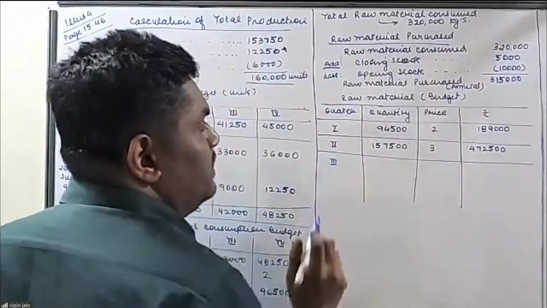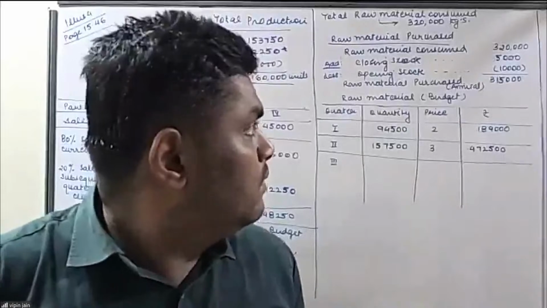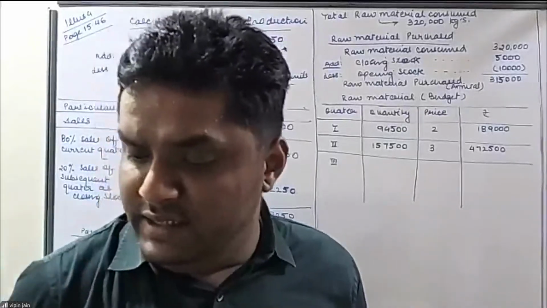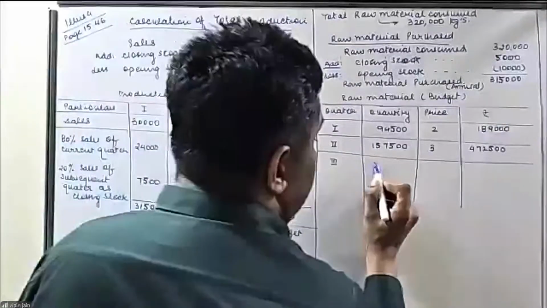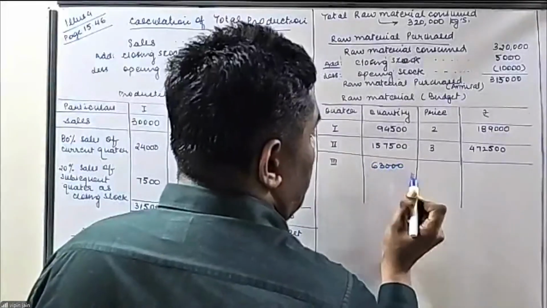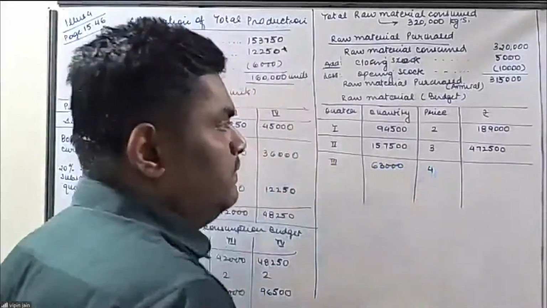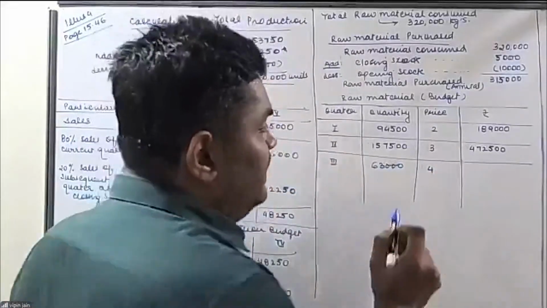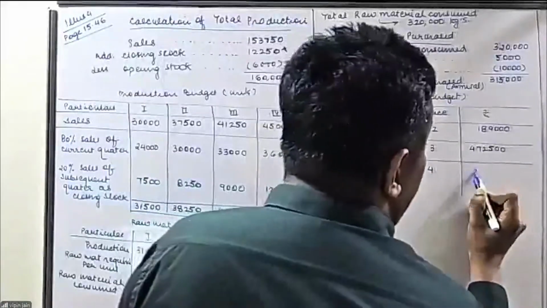Again, when talking about the third quarter, 3,15,000 into 20%, that is the balance quantity, 63,000. And the rate is 4. So this will be 2,52,000.